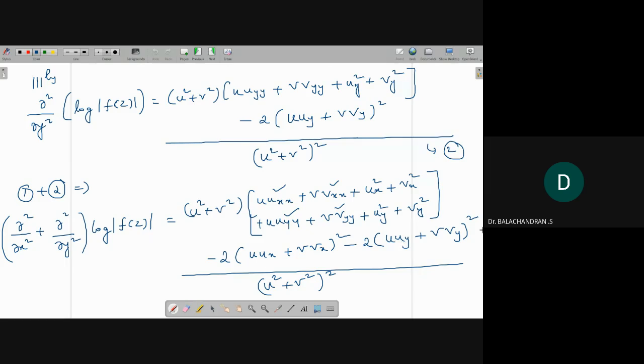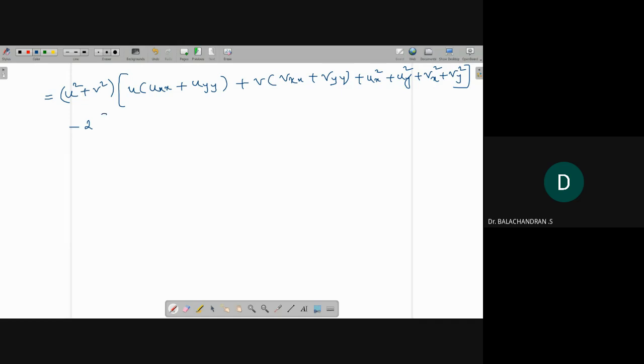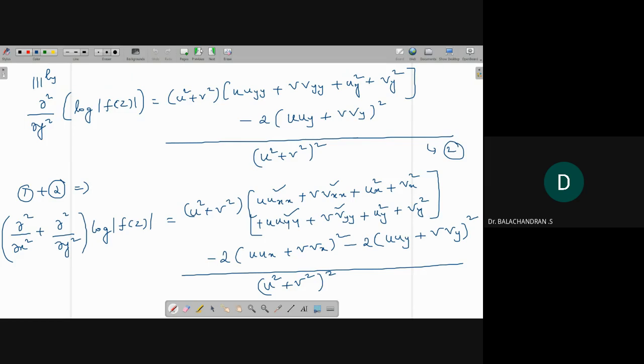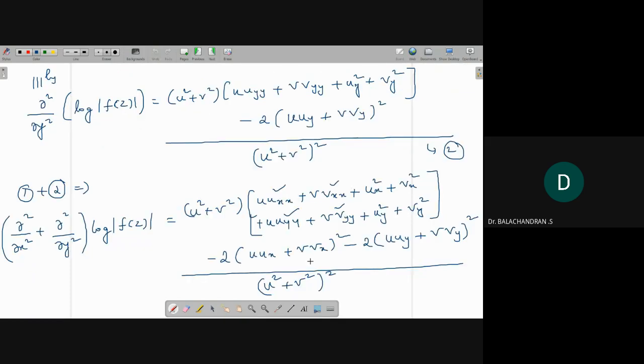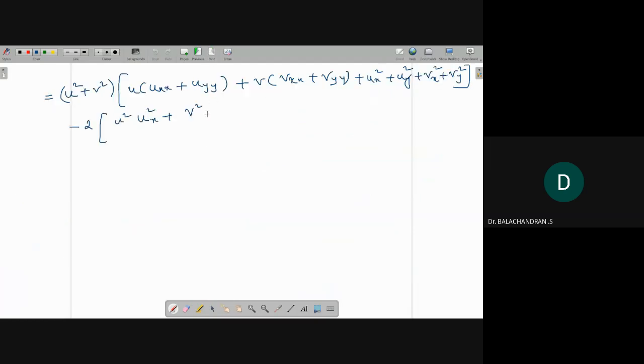Totally 6 terms I am going to write after taking minus 2. After taking minus 2, you have u square into ux square plus v square into vx square plus 2uv ux into vx.